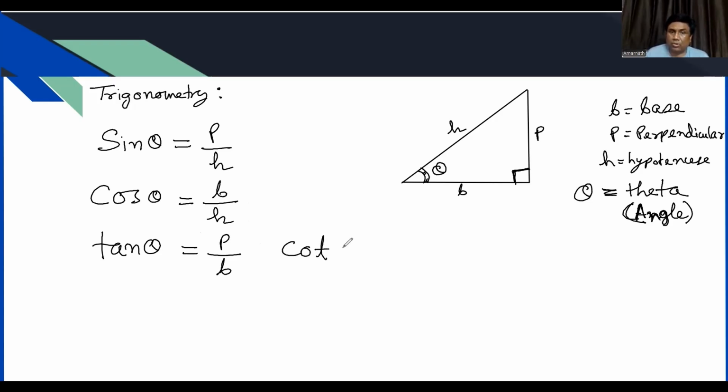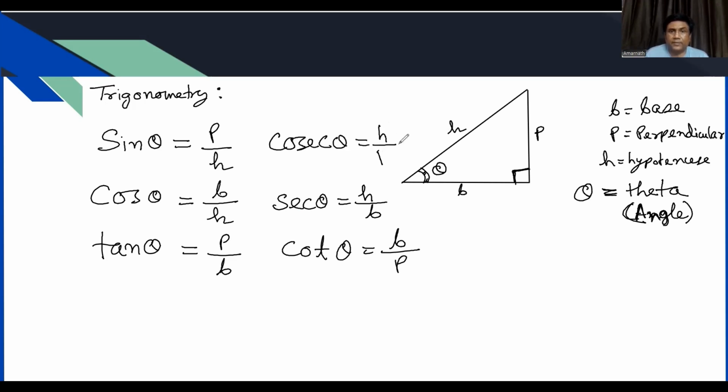Cot theta is base by perpendicular. Opposite of cos theta is sec theta. Sec theta is h by b. And the opposite of sin theta is called cosec theta. So it will be h by p. Okay.